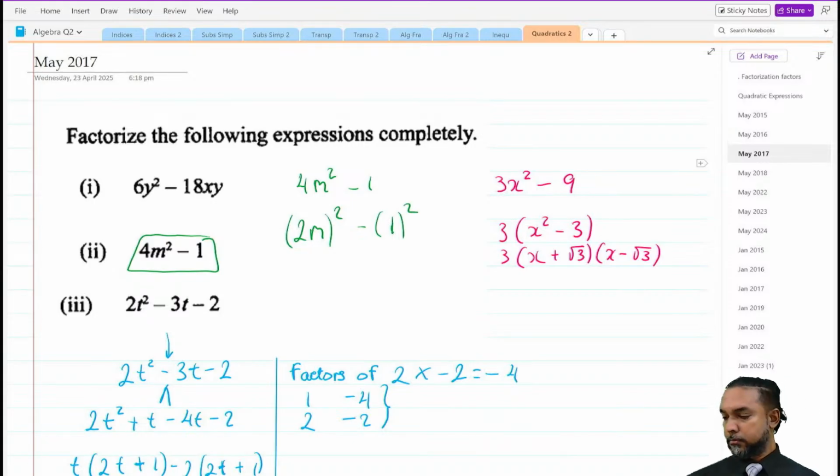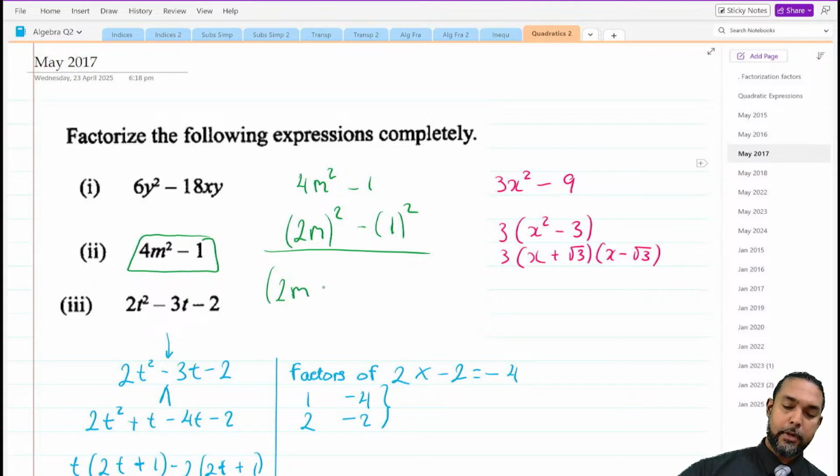Let me see what you get. All right, 2m minus 1 by 2m plus 1.